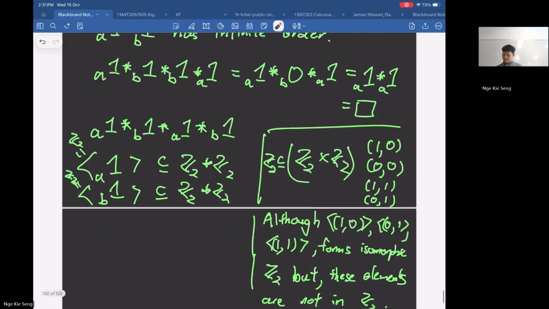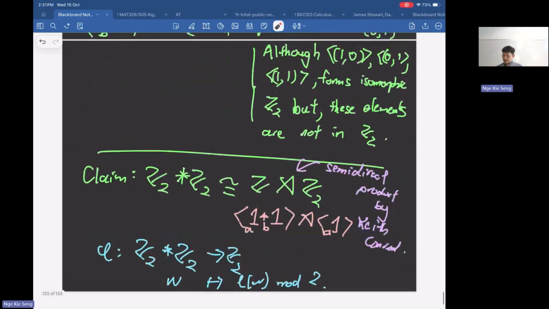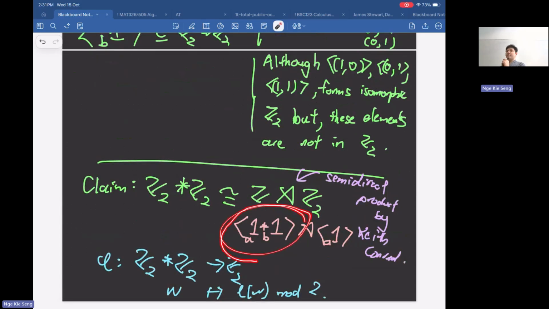So actually your kernel is generated by this Z. And then it is surjective onto Z2. So this one modded out by Z is Z2. By the first isomorphism theorem, the free product modded out by Z is Z2.